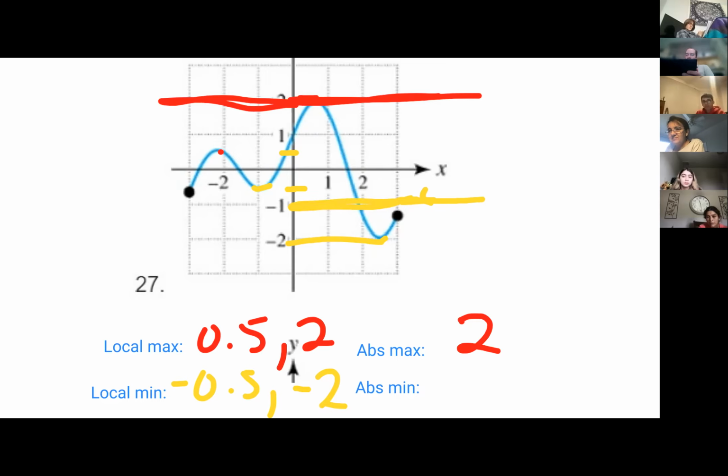So does it go below this thing? No. So we're just looking at this graph, seeing what is the point that's downmost, the lowest point on this graph. So the lowest point on this graph should be this point right here. Oh, that one. And we're looking at the y value of that lowest point. So yeah, negative 2 should be it.